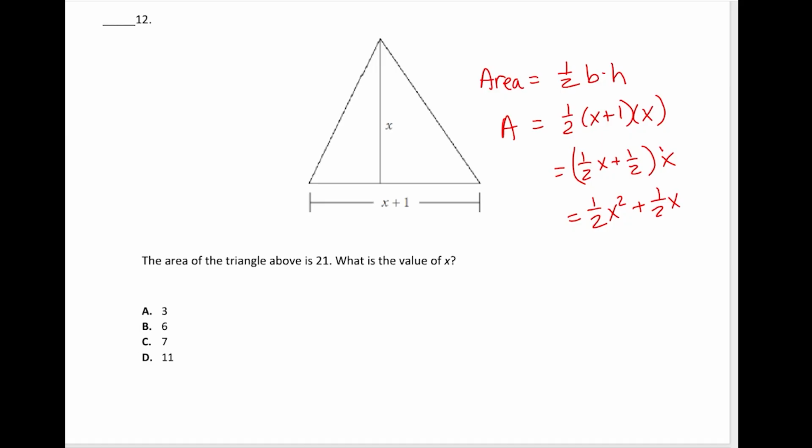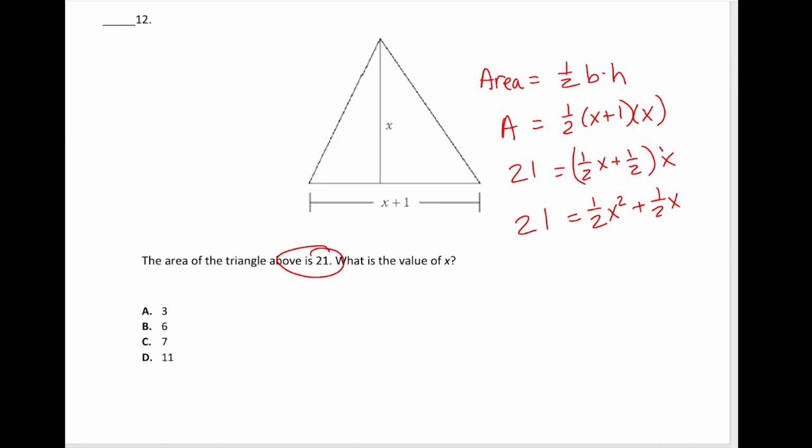And this area, it says, is 21. And so we need to find the x value that will make this true. Now, there's a couple of ways you could handle it from here. One is to actually solve this like a quadratic, and at least in my course, we haven't really talked about how to do that yet, although you did do that back in Algebra 1 and Algebra 2.